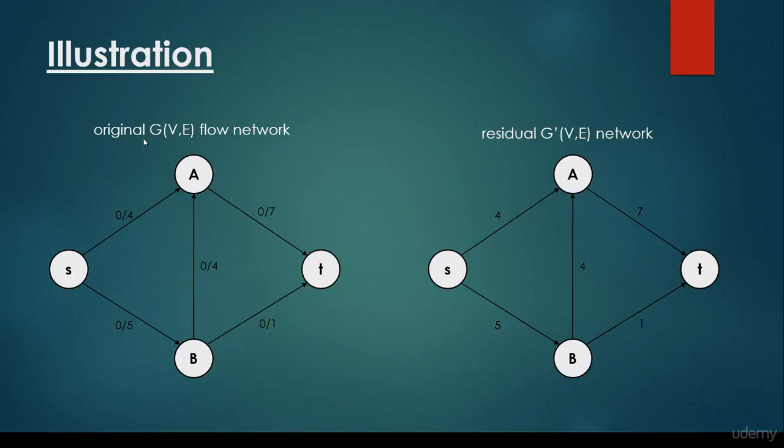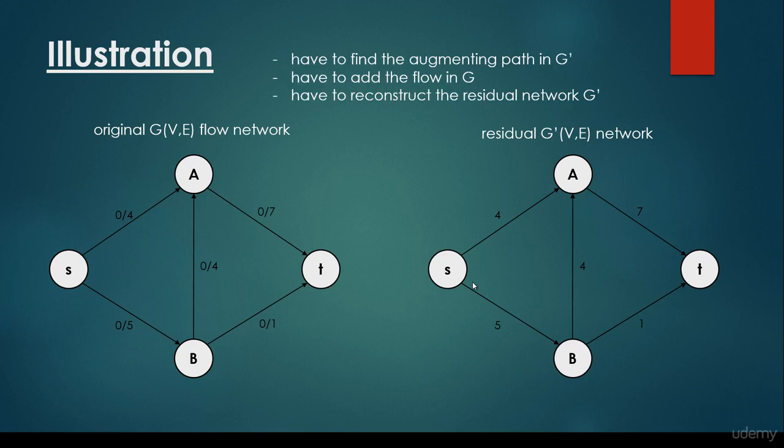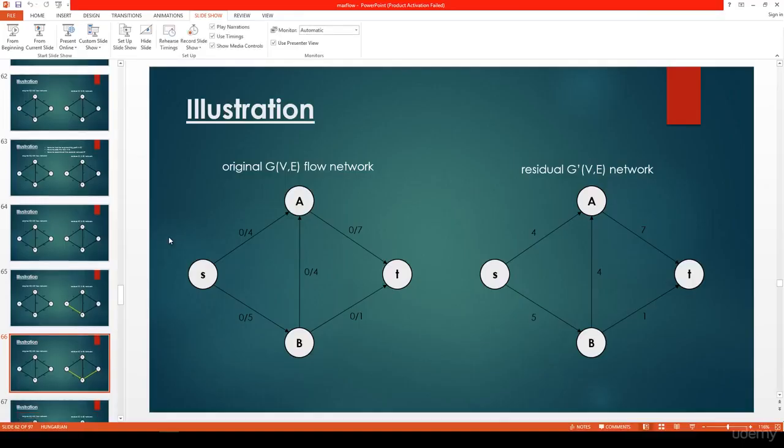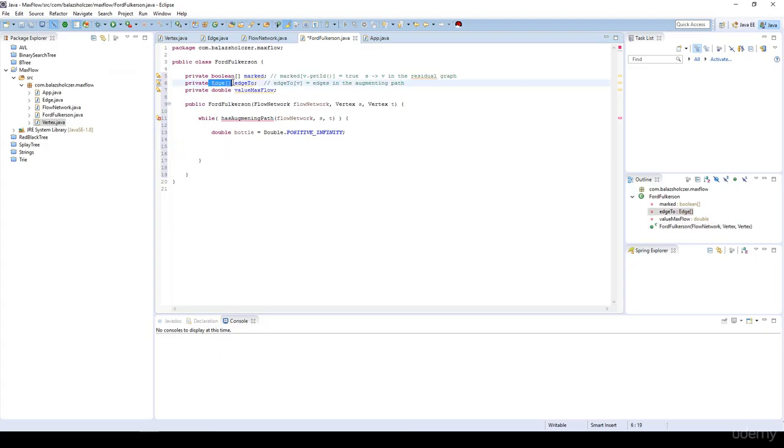Because we have been talking about what we have to do: the Ford-Fulkerson algorithm is to calculate the residual network and find the shortest path possible in the residual network. Basically we just have to get this path. These edges are going to be stored in the edgeTo one-dimensional array.